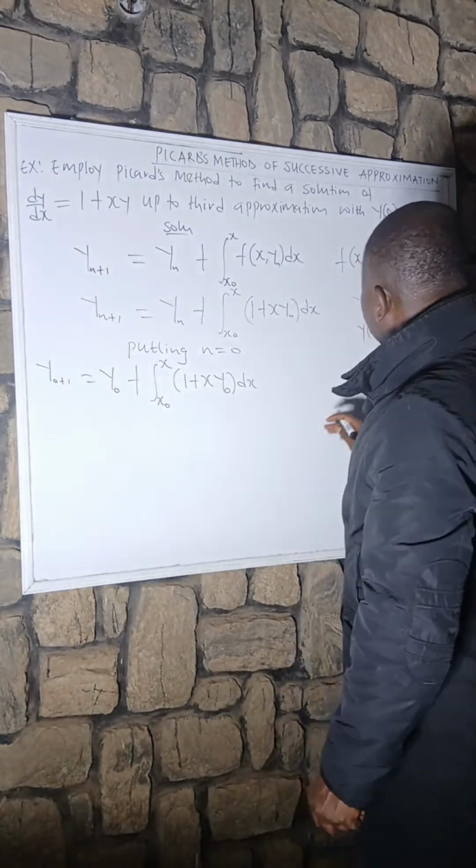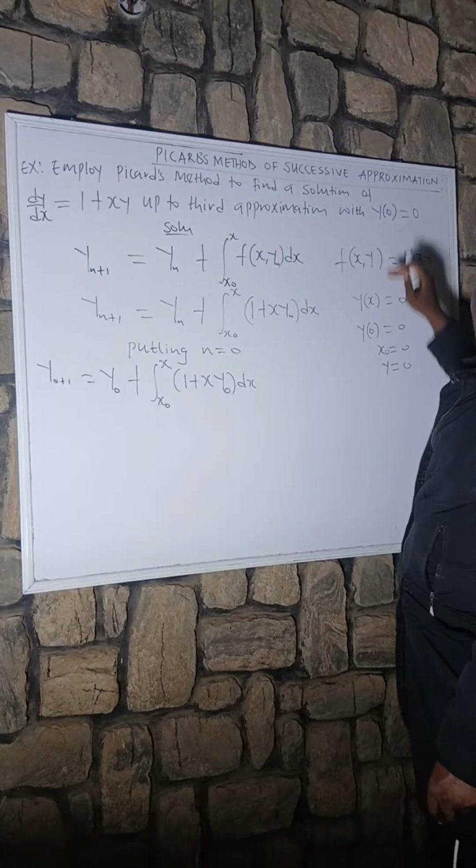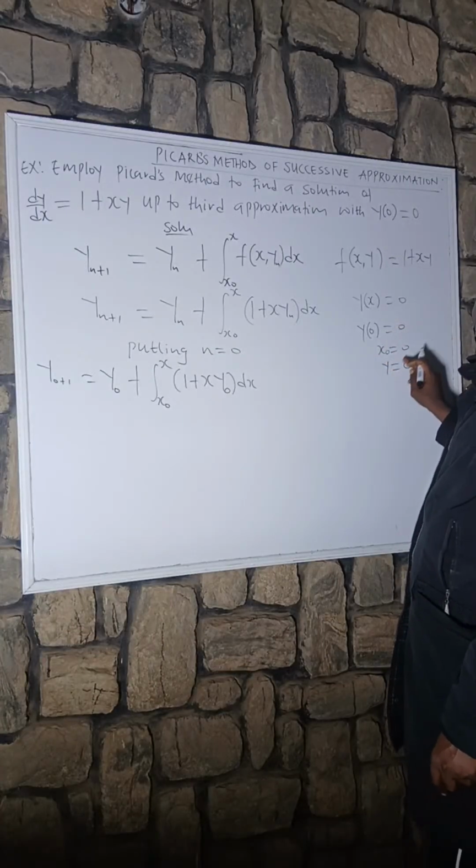Now let's come back to the boundary condition. x naught is 0, y naught is 0.